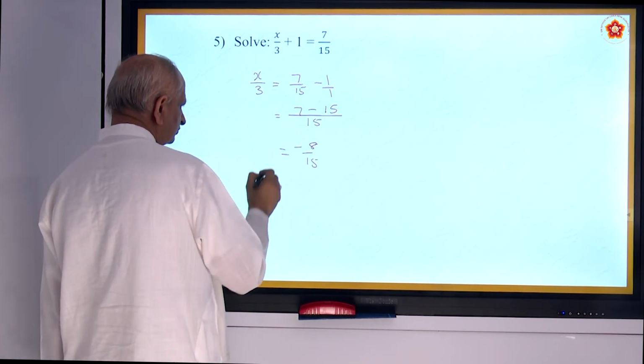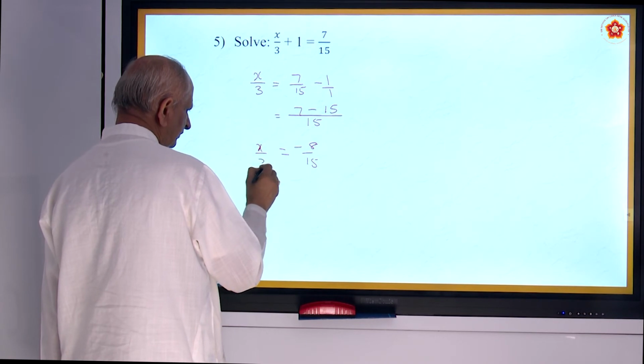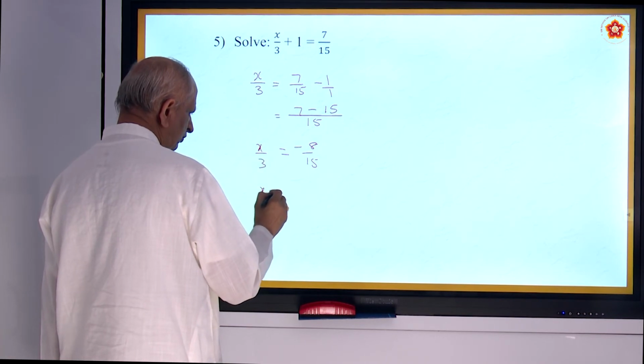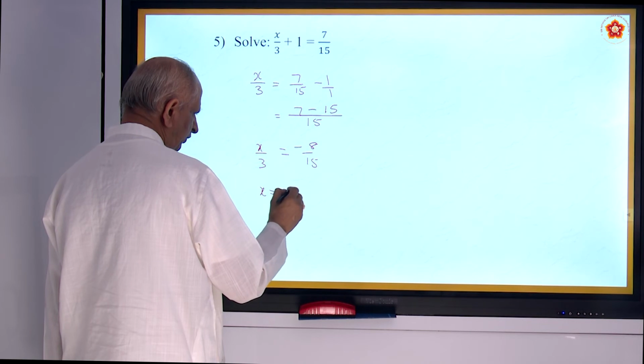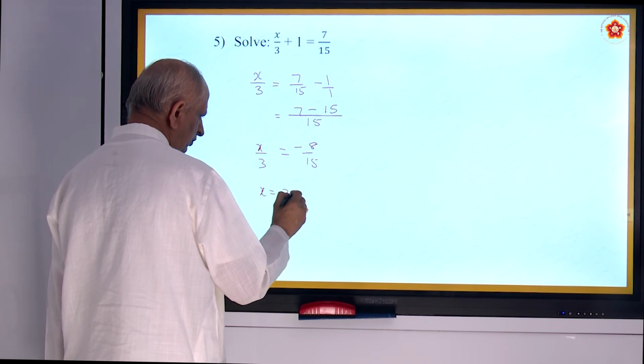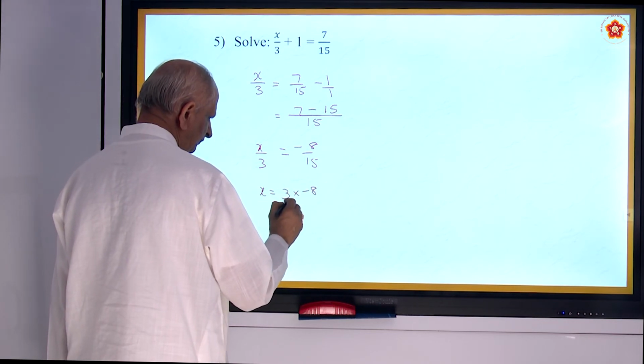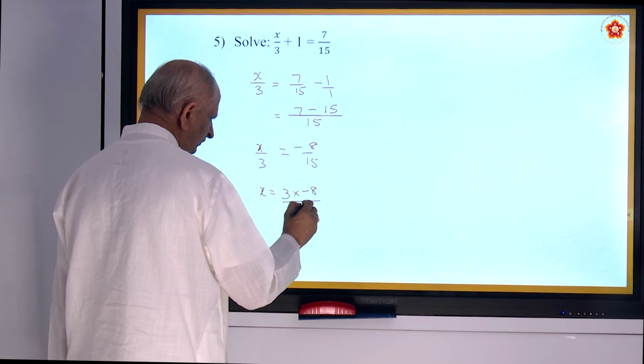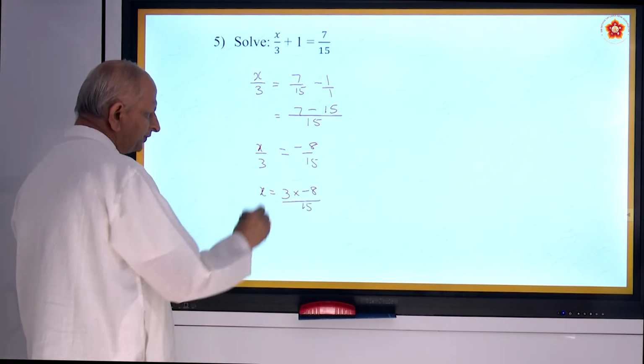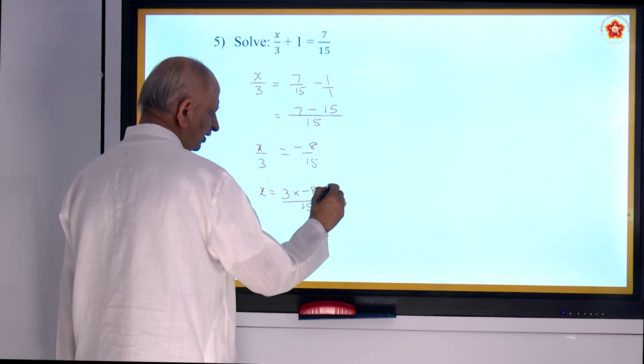Minus 15 plus 7 becomes minus 8. Now that is x by 3. So x is equal to 3 into minus 8 by 15. 3 should go up. So that is on transposing.